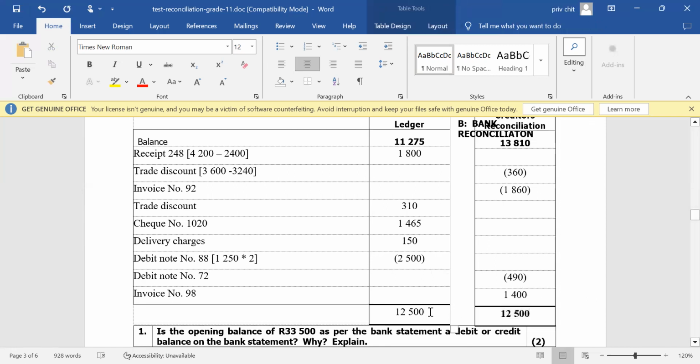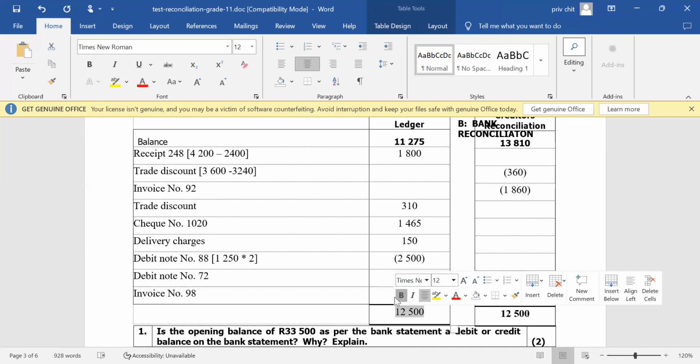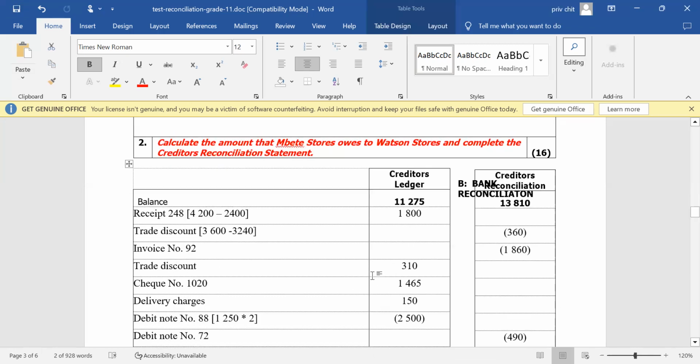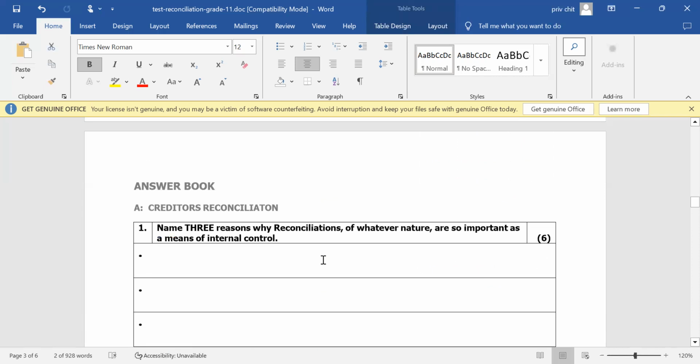Can you promise me you get it 100% in the test on Thursday? I cannot be certain because of the internal controls. What was the question about internal controls? It says name 3 reasons why reconciliation of whatever nature is so important as a means of internal control.